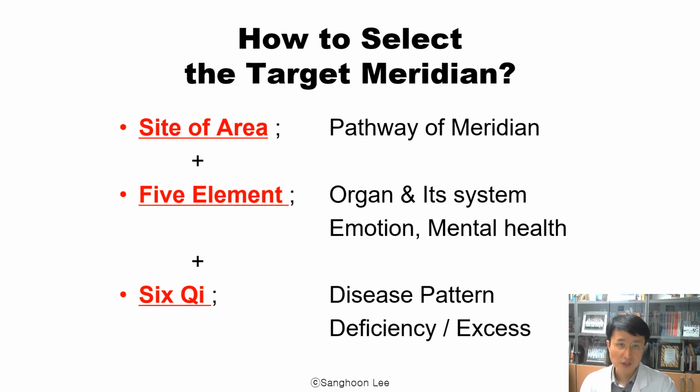First, determine the pathway of meridian at the site of symptom area. Second, determine the target organ and its system, including emotional and mental health, according to the five-element theory. Third, determine disease patterns according to six energy systems, for example, dampness, coldness, etc., and determine the target meridian.